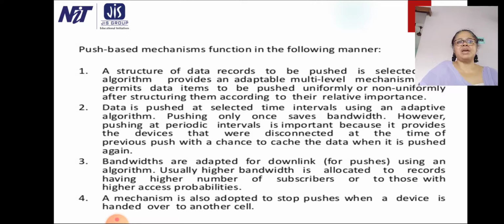Publish-subscribe mode is used in push-based mechanism, in which the data is pushed as per the subscription for a push service by a user. For using push-based mechanism, a pushing algorithm is used.